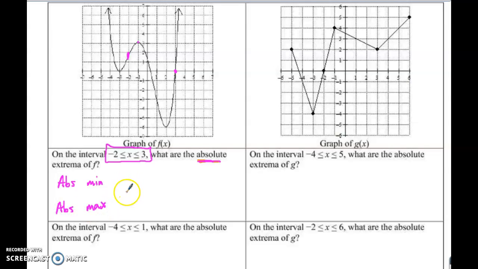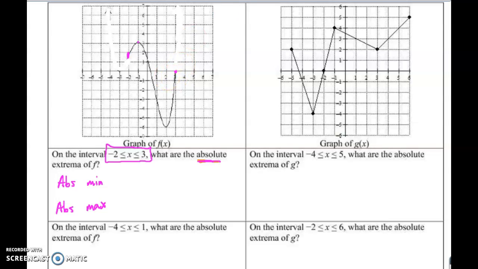Again, if you ever forget what to do, just give the ordered pair, but the min value is the y value. On this interval, you could imagine taking a marker and covering up the space over here and over here, so we're only looking at this piece.